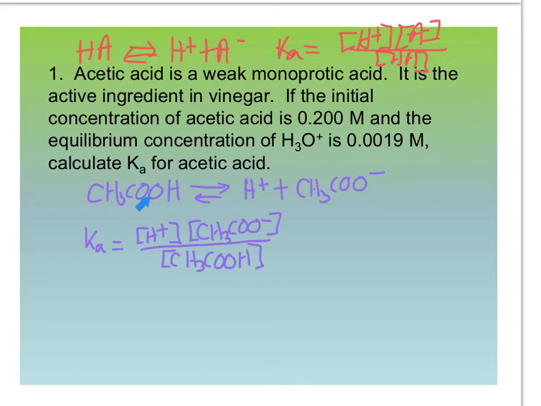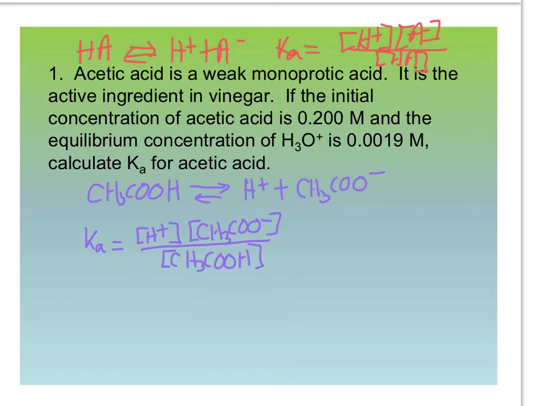Some of this gets used up and turns into H plus and acetate, and the rest of it remains as acetic acid. So when I reach equilibrium, this number is not going to be 0.2 molar. It's going to be less than that, but I don't know how much. So I can't really use that right away.